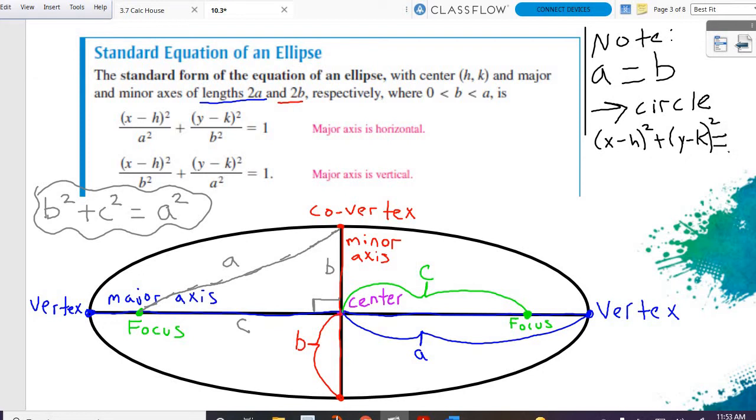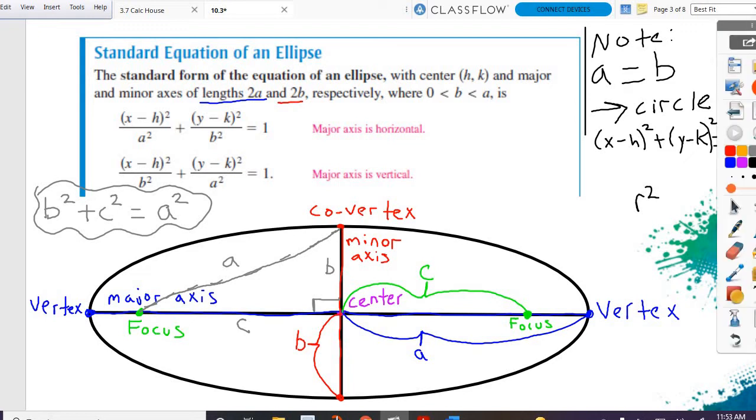And the reason that it equals r squared instead of 1 is basically because a and b are equal, so if they were like 4, they just multiply everything by 4.